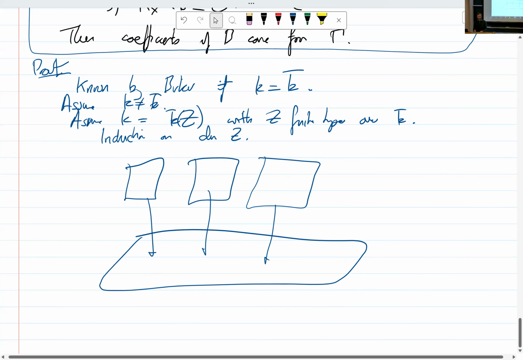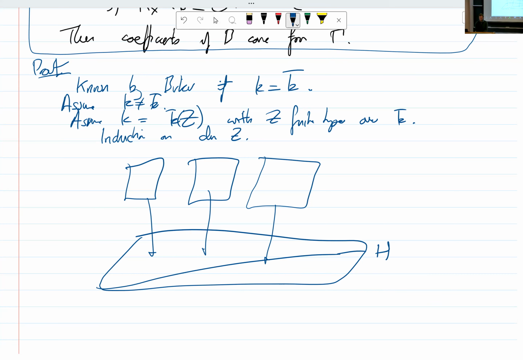Then if we cut down by some random hyperplane and localize at the generic point of this, what we're left with is a special fiber over this KH and a generic fiber over KZ.